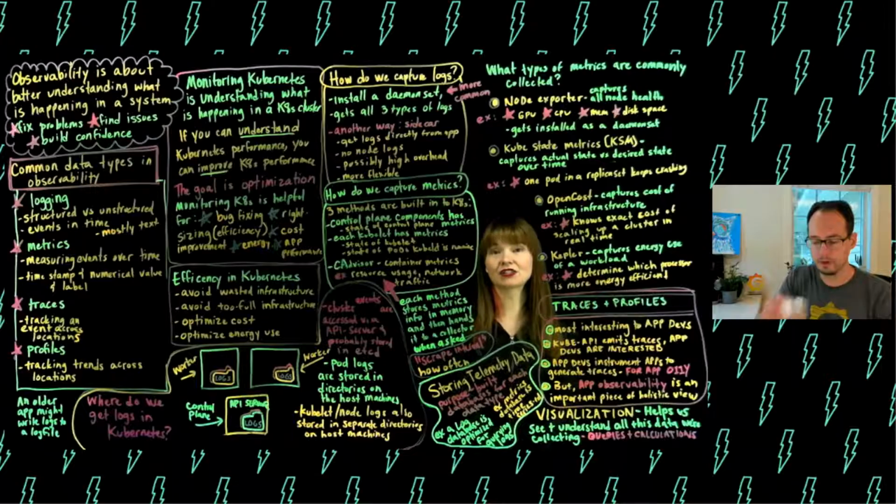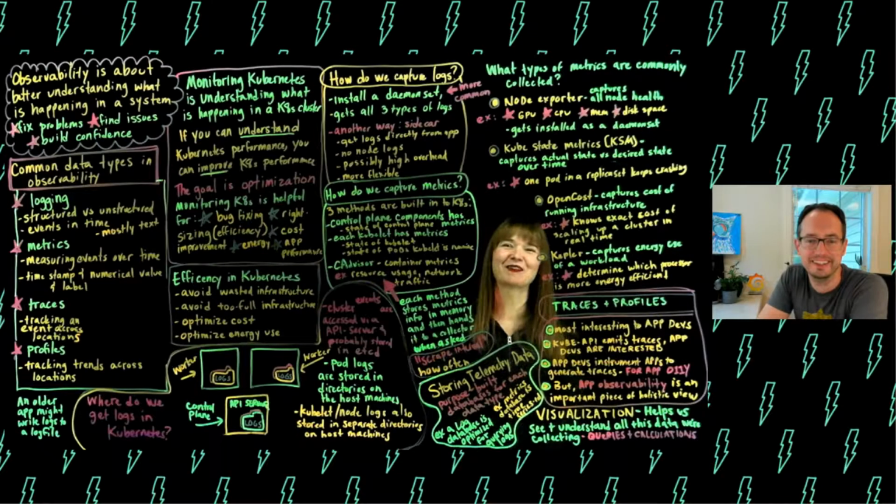Then we have cluster events. Cluster events are accessed via the API server. And I think they're stored in etcd. We're not sure. But they're attached to the, when you kubectl describe an object, you see pod events there. Yep. And so those are the three types of logs that are getting emitted in your Kubernetes cluster.